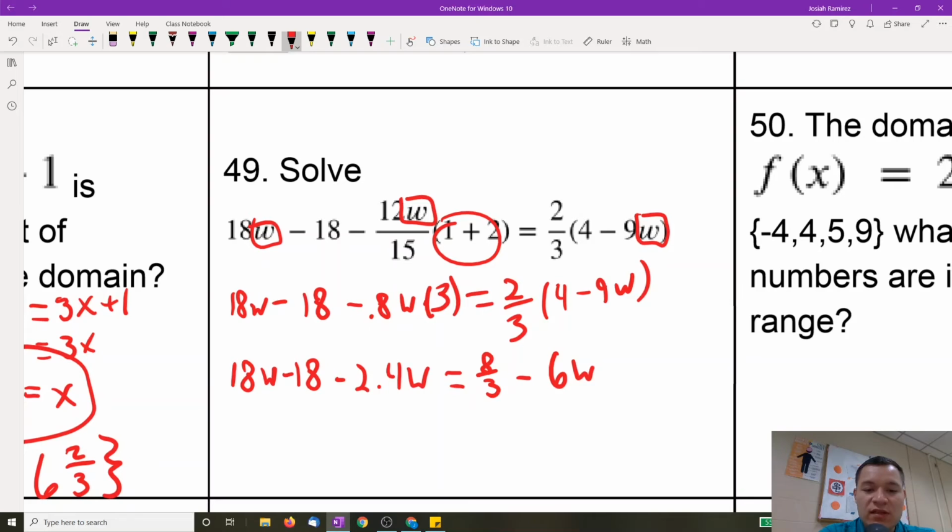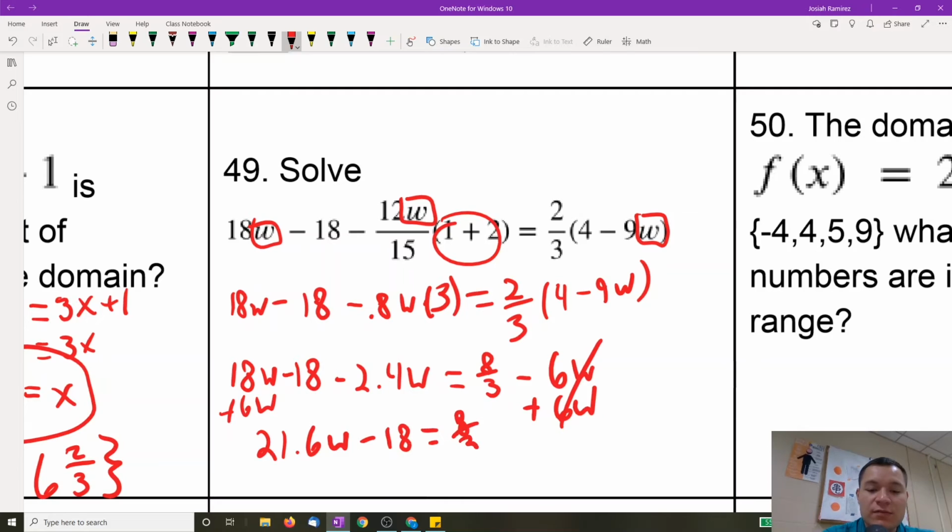Let's combine these W's on the left, and let's add this one to the left. Okay, so 18 plus 6 makes 24 W's, but we have minus 2.4. So 24 minus 2.4 will make 21.6 W's minus 18 equals 8/3.